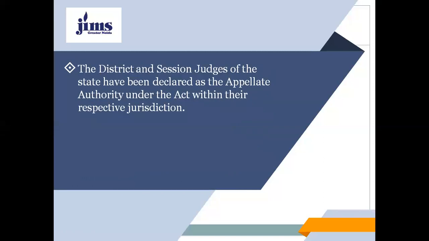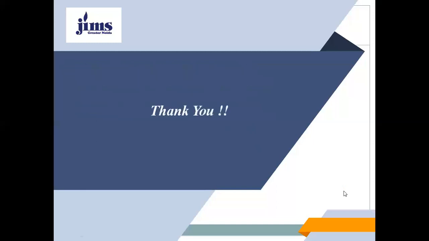And the district and session judges of the state have been declared as the appellate authority under this act, the Industrial Employment Standing Orders Act, within their respective jurisdictions. So the district and session judges will be the appellate authority under this act within their respective jurisdictions.